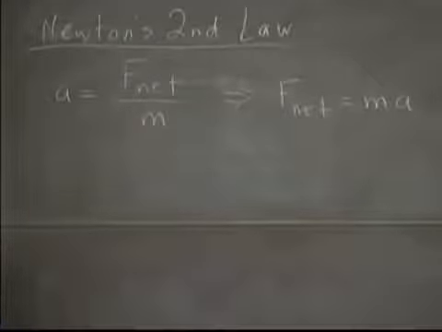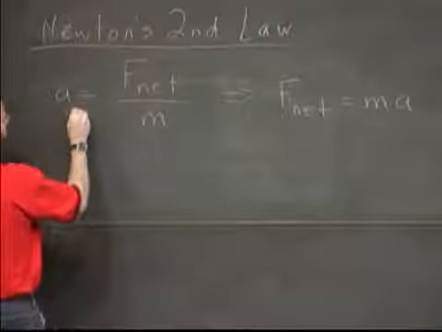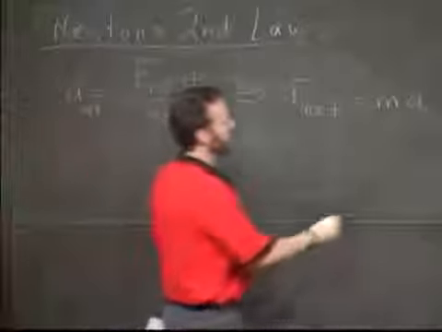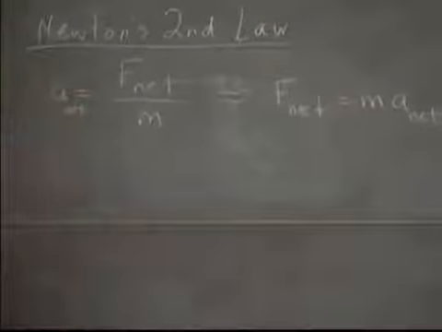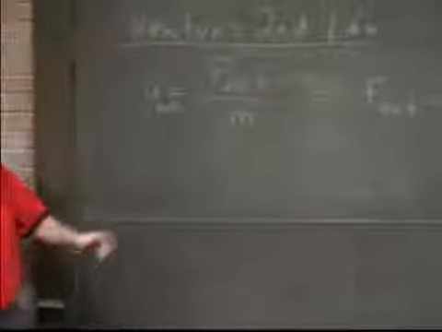And I think what might clear up some of the issues that came up last time, which I think was a great insight, by the way, was if you just add net onto these accelerations, you'll never go wrong. Or at least I tried to think of one last night. Because that's really what it means. I just haven't been emphasizing it.